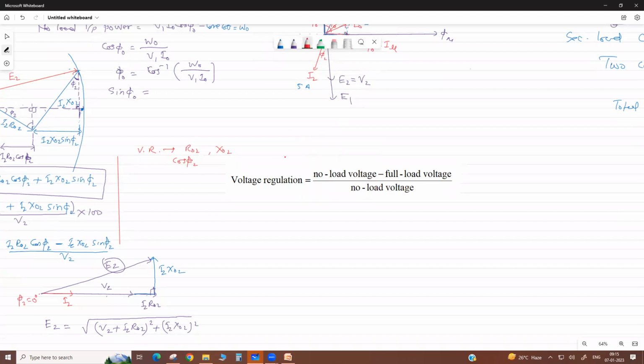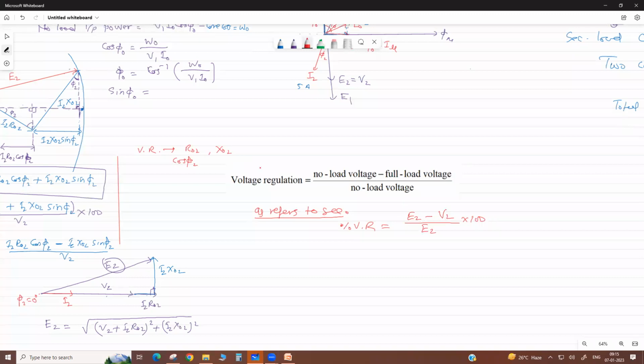If we write as referred to secondary side, it means we transfer all parameters with respect to the secondary side. Then percentage voltage regulation equals the no load secondary terminal voltage minus full load secondary terminal voltage, divided by no load, multiplied by 100. By this you can get the percentage voltage difference.